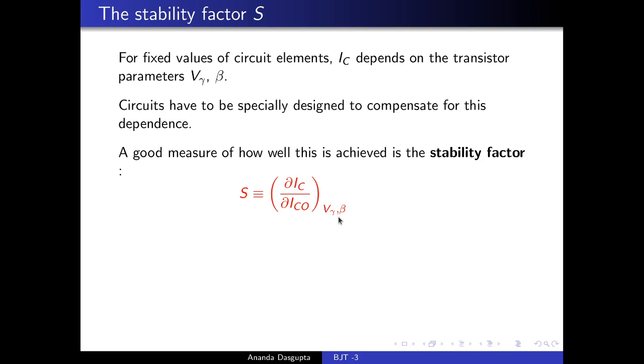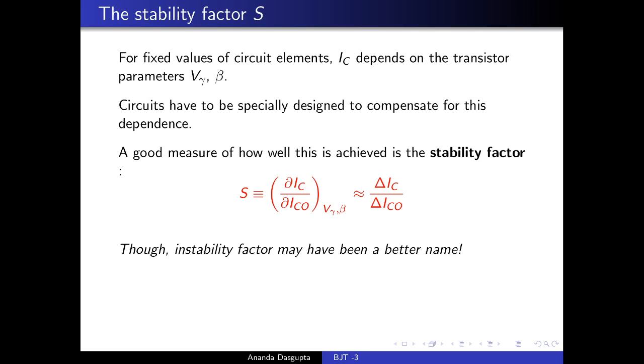And of course, very often, especially when you are experimentally determining this, you don't really determine the partial derivative, you calculate the change in IC over the change in ICO, maintaining V gamma and beta at fixed values. So this is called the stability factor.